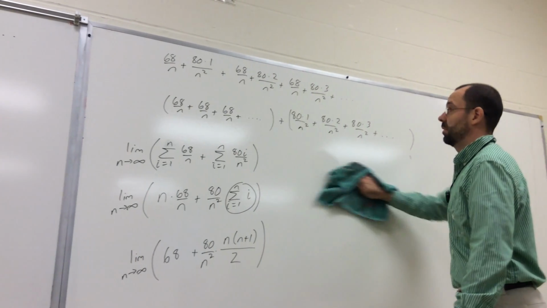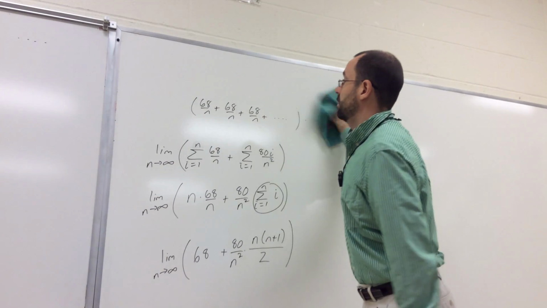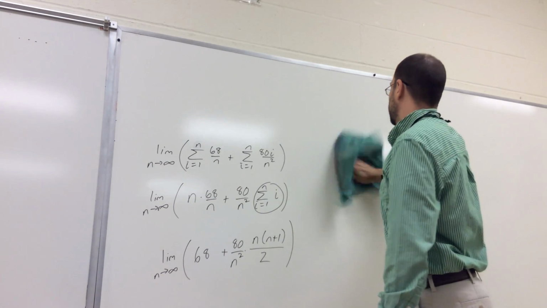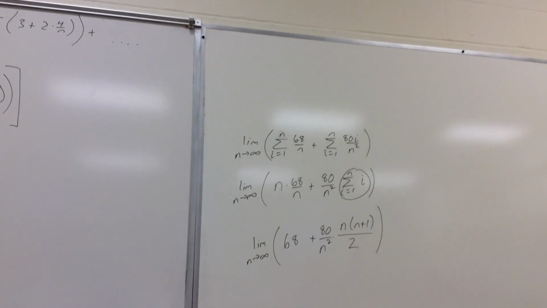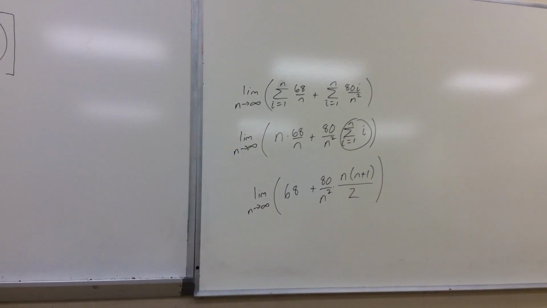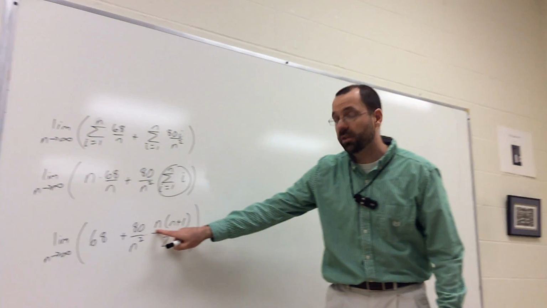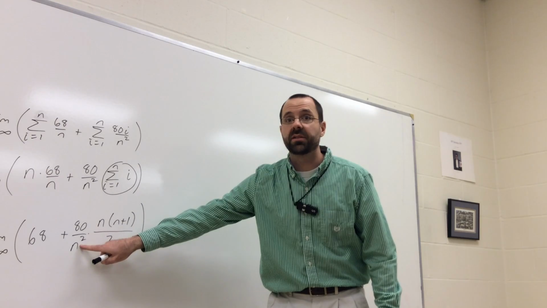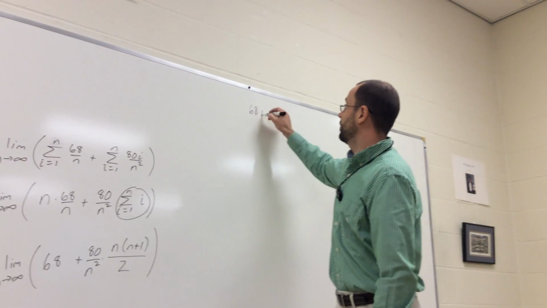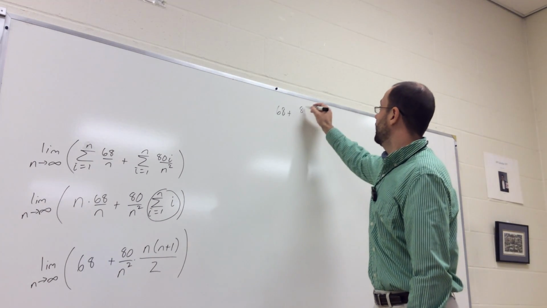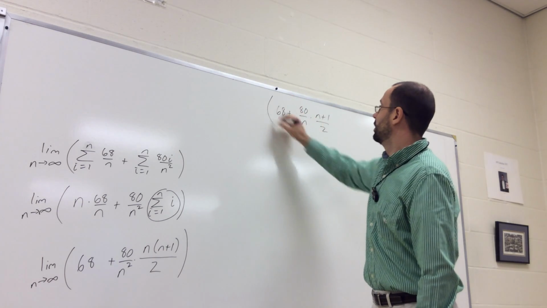Okay, now conveniently, this n will cancel with one of those n's. So we've got 68 plus 80 over n times n plus 1 over 2.